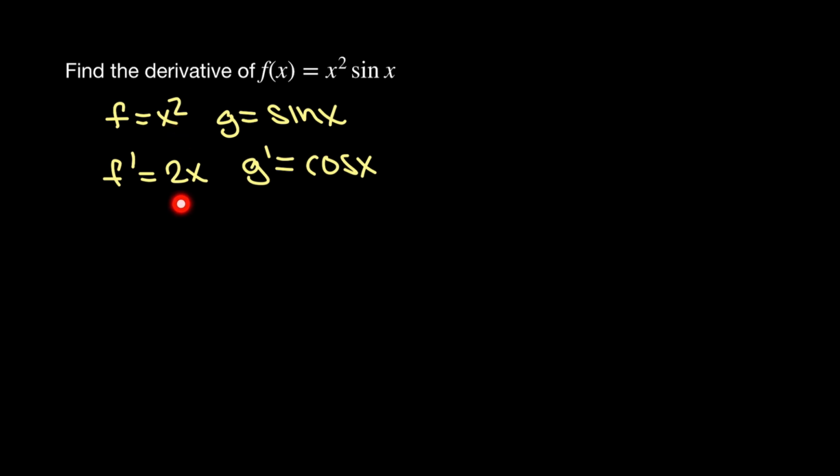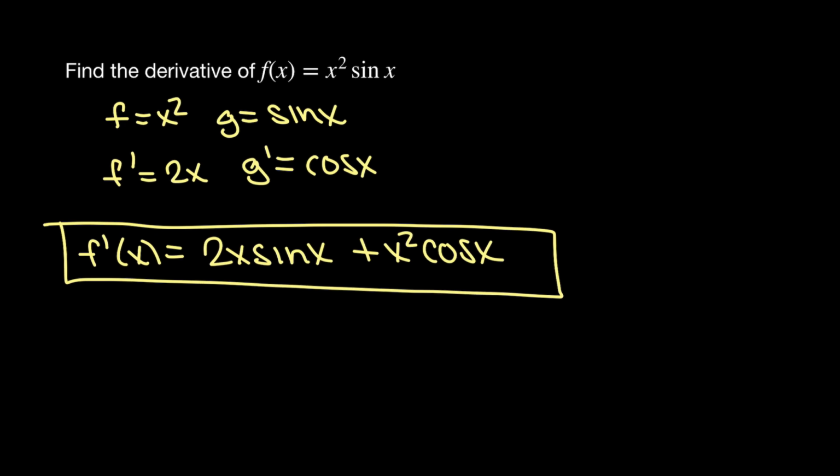So f prime is 2x. My second function, my g, is sine of x, and that has a derivative of cosine x. So I'll plug that into my product rule, f prime times g plus g prime times f, and I get 2x times sine x plus x squared times cosine x. And that is my answer. We can't simplify this. I'll just leave my answer like that.